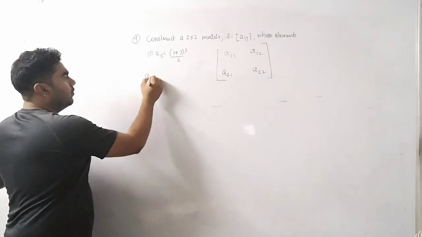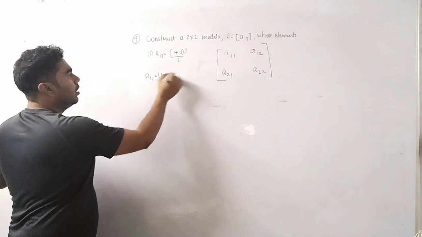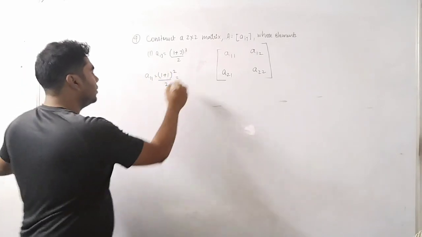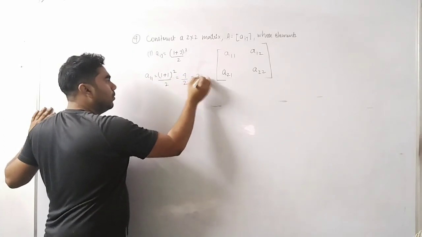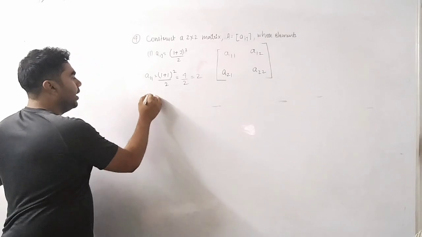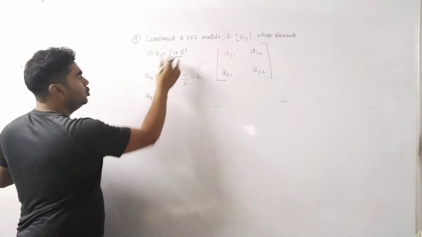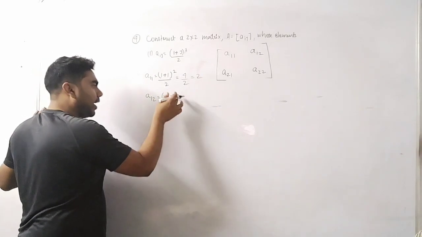A11: (1 plus 1) whole square upon 2, which implies 2 square, 4 upon 2, which is 2. A12: i equals 1, j equals 2, (1 plus 2) whole square upon 2, 3 square, 9 upon 2.